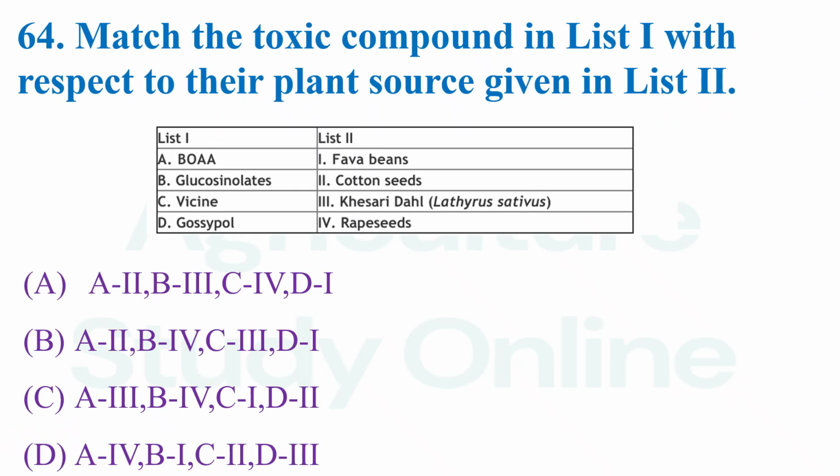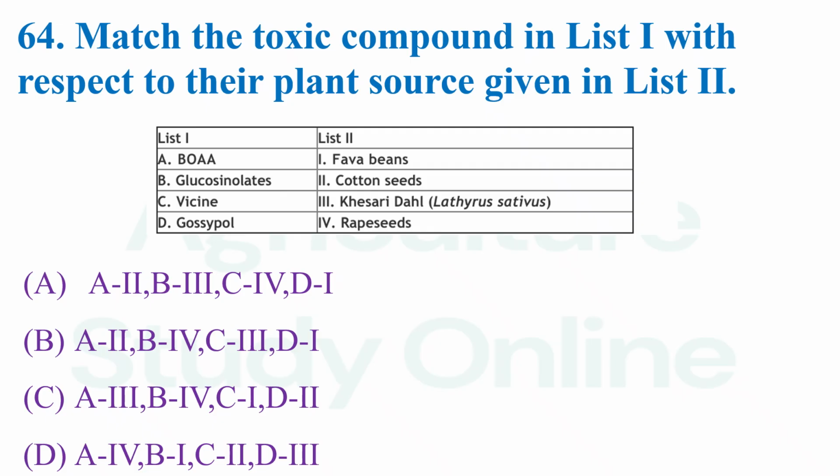Question 64, we have to match the toxic compound in list 1 with respect to their plant sources, which is given in list 2. So this is the concept for the natural plant toxins present in the foods. First one, that is BOA. So BOA, it's a very common and important concept.